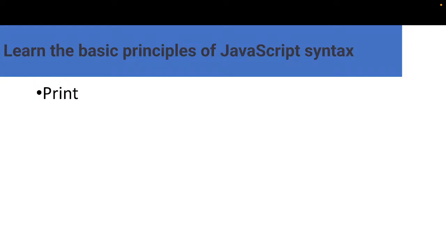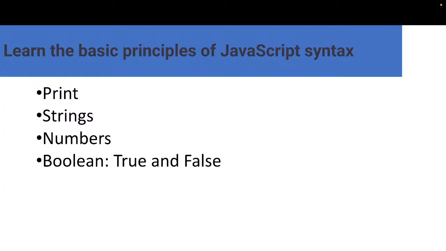As well as string, which is one kind of data type, then number and also boolean. This type of data, string, number or boolean, we use in programming. Different programming languages use data, and data can be string, number, or boolean, as well as comments.